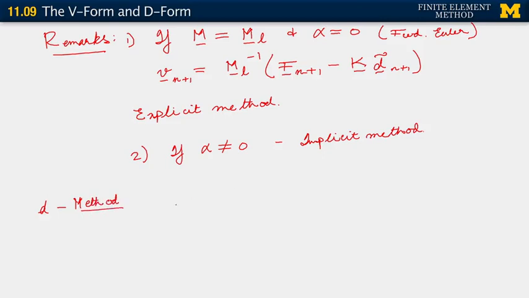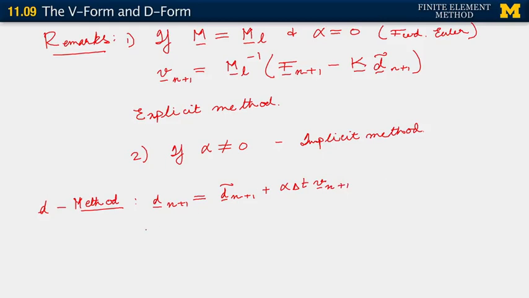Okay. In the D method, once again, we could look at our predictor-corrector form. But now we sort of turn this around to eliminate V from our discretized ODE.